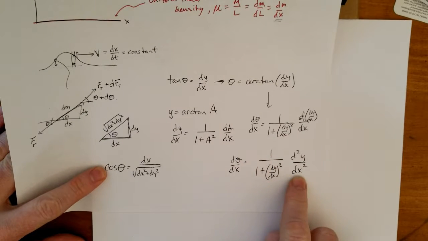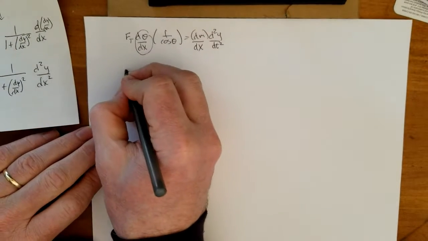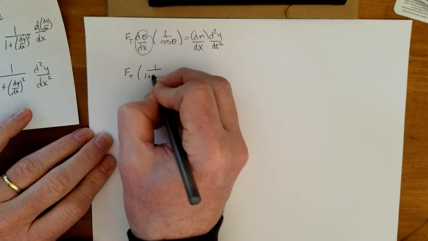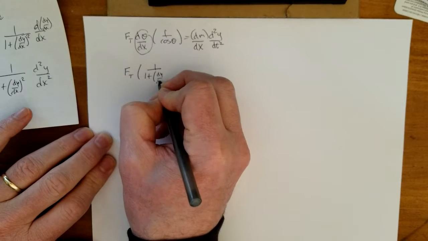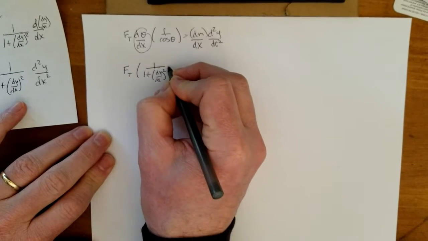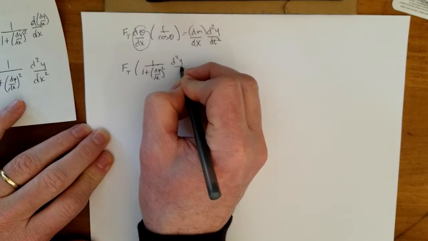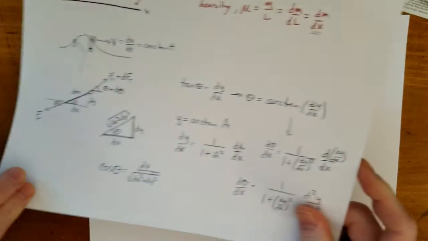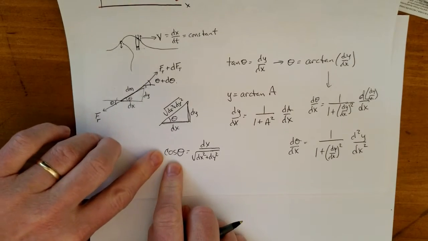There's our formula for d theta dx. So I have my tension times 1 over 1 plus dy over dx squared times d squared y dx squared times 1 over cosine of theta. Well, we actually dealt with that because there's our cosine of theta, so the 1 over is just the reciprocal.